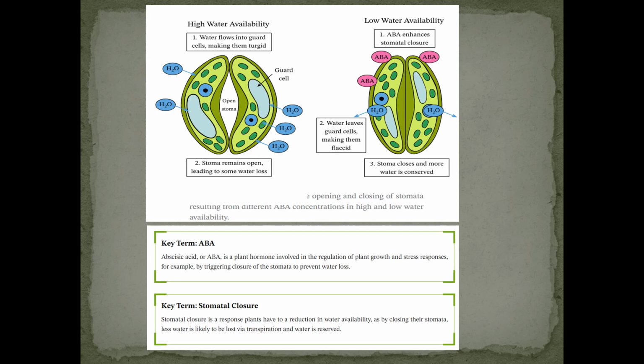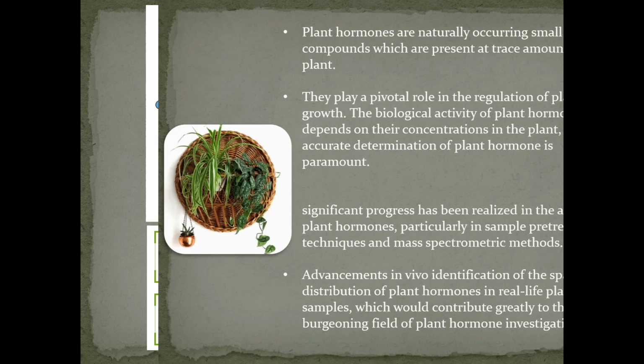Low water availability means abscisic acid is enhanced and the stomata close, so water leaves the guard cells, making them flaccid. The stomata will be closed and more water is conserved. The opening and closing of stomata results from different abscisic acid concentrations in high and low water availability. This is mainly the stomatal closure process, and abscisic acid is a stimulant. It is one of the major hormones.